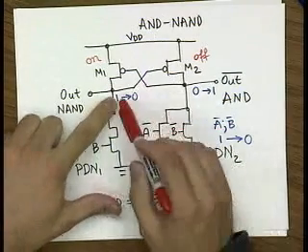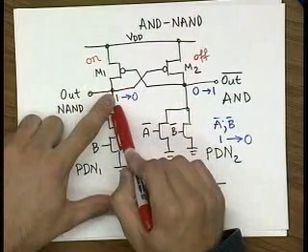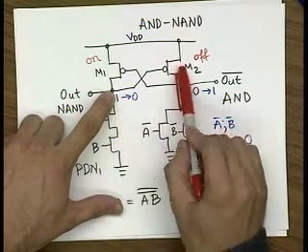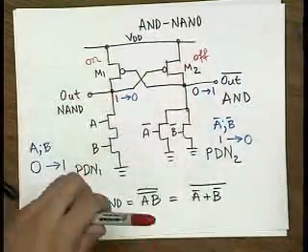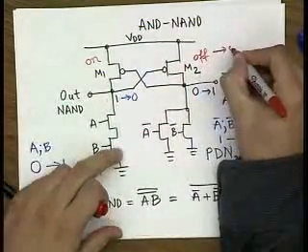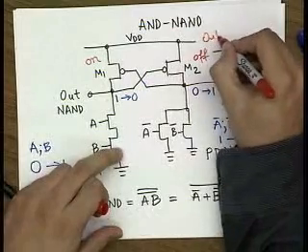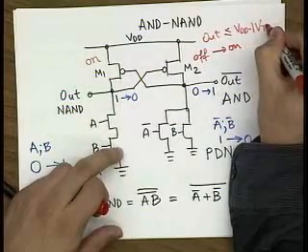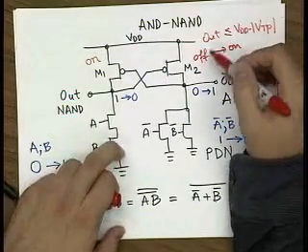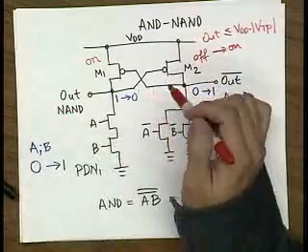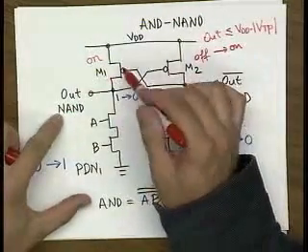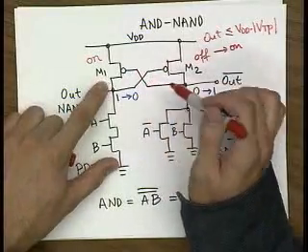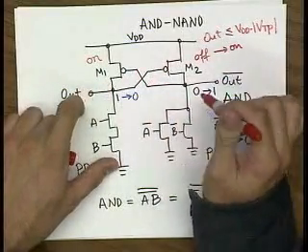So now what you need to do is pull this one down enough below VDD minus VT, and as soon as that happens, this one goes from off to on when out is less than or equal to VDD minus VTP. And when this one turns on, then the feedback mechanism kicks in, and it will start pulling this node up.